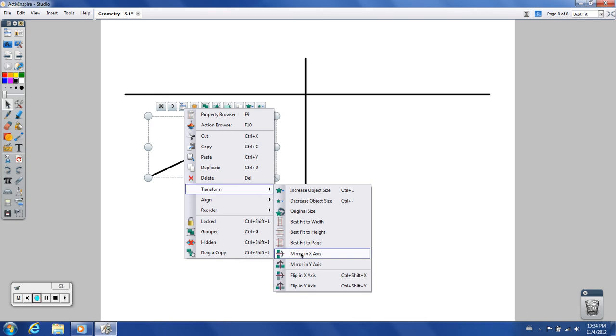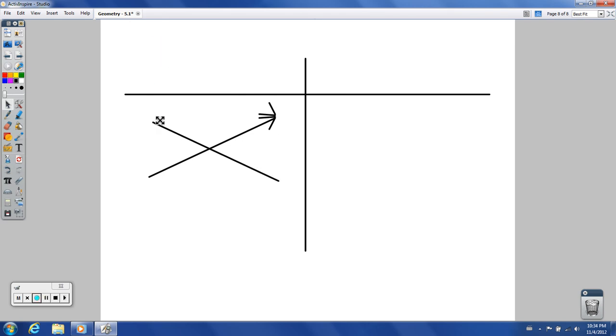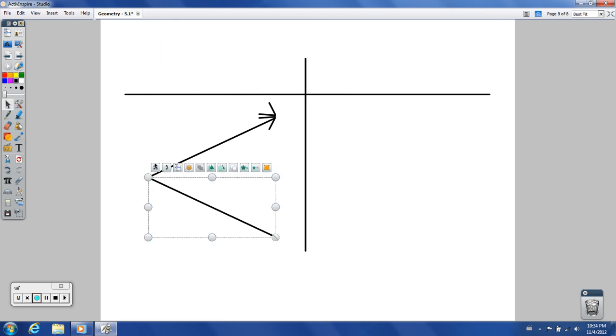So mirror it in the x-axis. That should do it. There we go. And then I'm going to move this down here. Okay, and this coming down here. Do the same thing with yours, and now I've got this angle that's perfectly reflected this way.